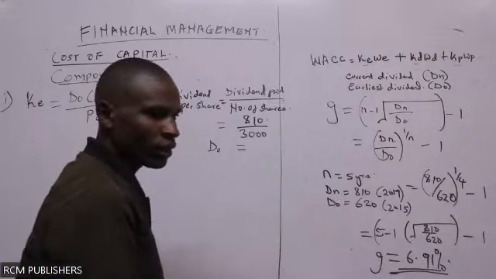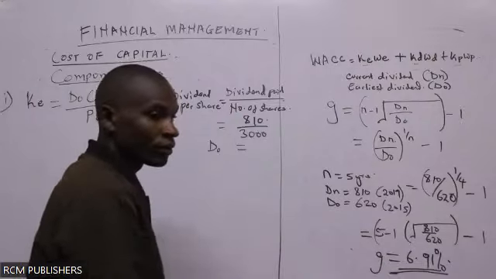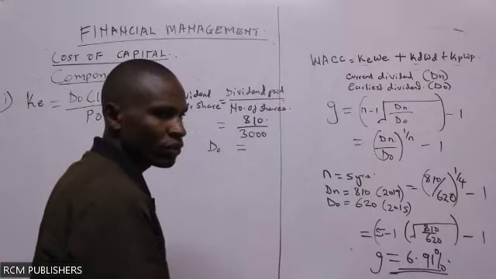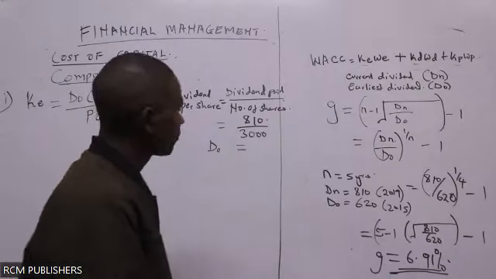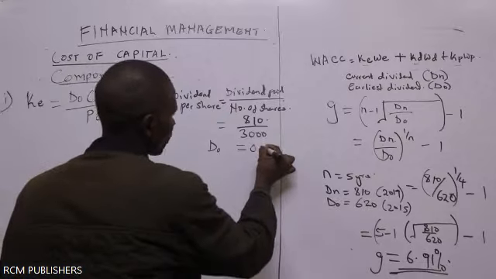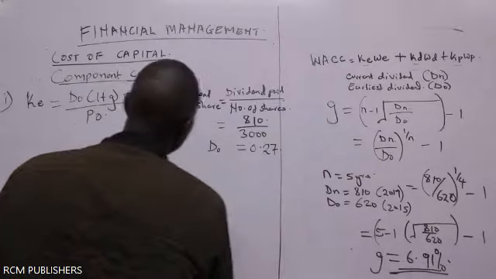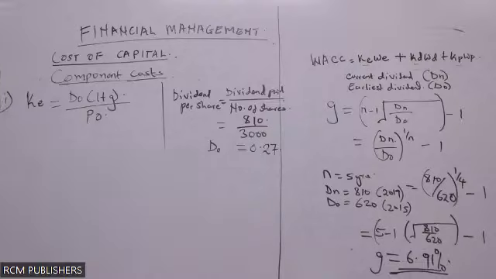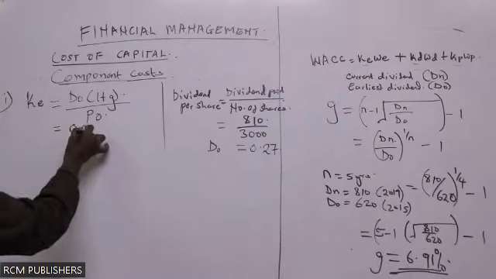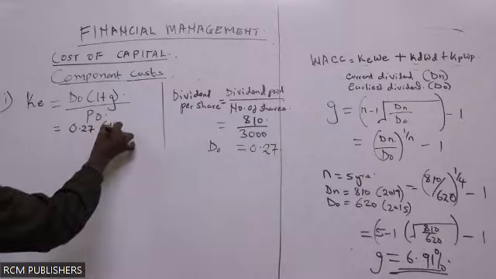Confirmation. This is a matter of calculator. 0.27. So now I have everything. I can now compute my KE. 0.27 times 1 plus g.